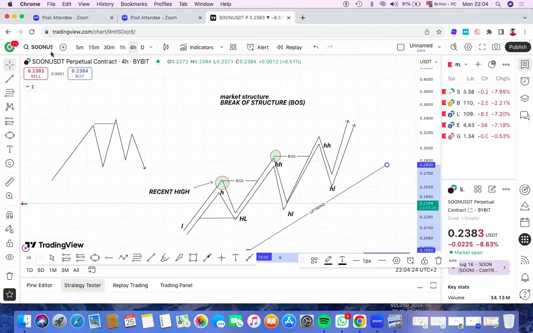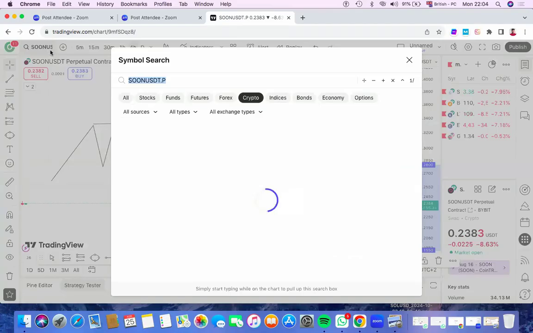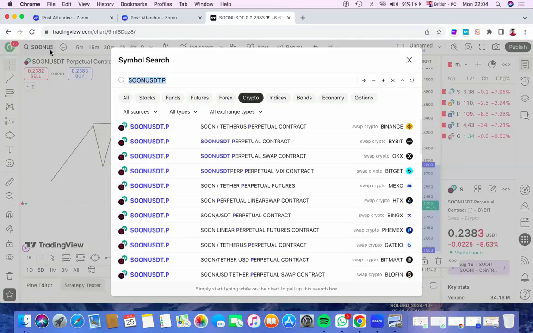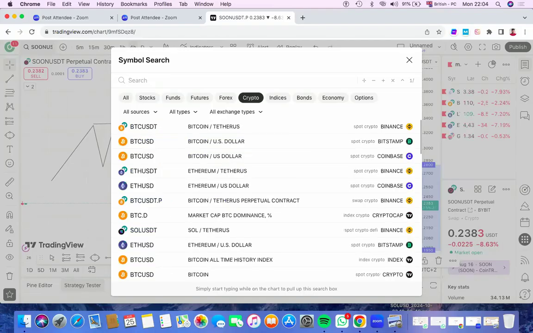Now let's pick a coin so we can experiment with this market structure alone. This is the introduction. I don't want to fast forward, but let's just have an example based on what we just talked about.